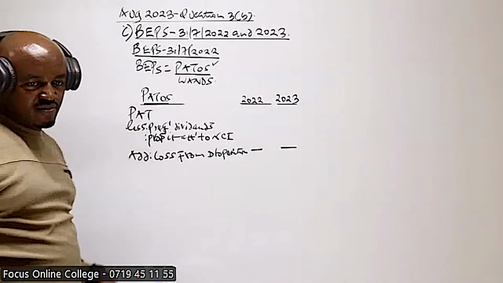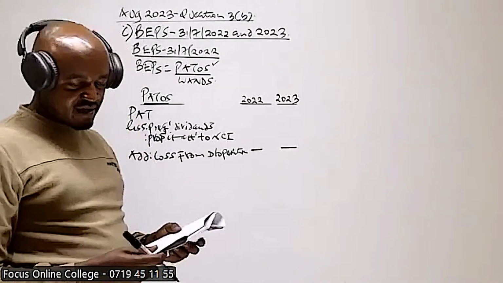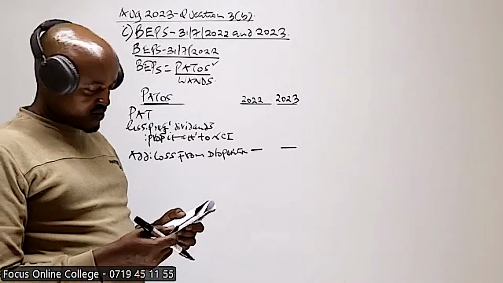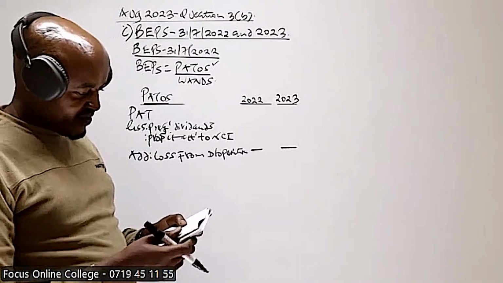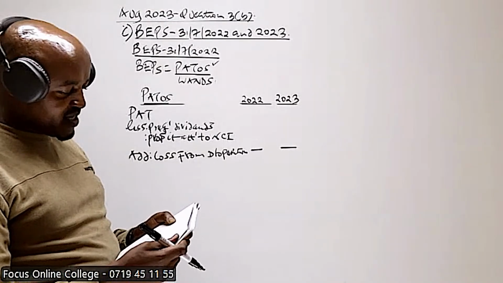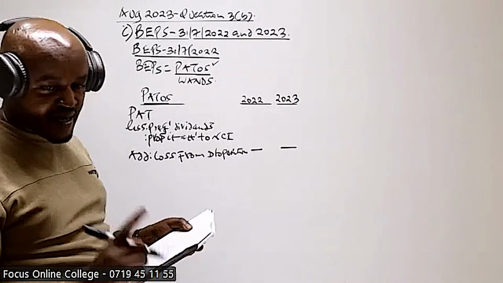So let's start with profit after tax. Where do we have that? We have that below paragraph 1, where we are given the statement of profit or loss. Profit after tax should be below the profit before tax, less tax, and then below that we have the profit for the period.